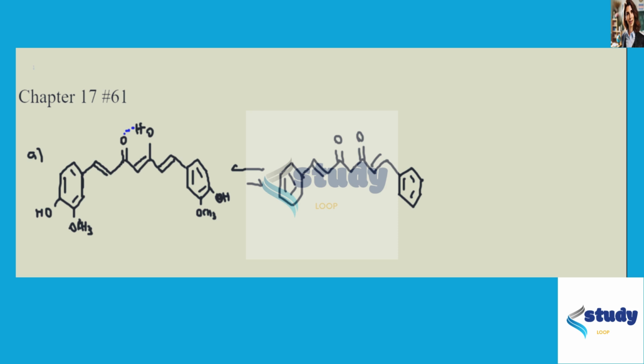The other thing is, in the enol form, we have a high degree of conjugation, really all through the entire molecule. But when we draw the keto form, you can see that conjugation is broken right here. Since that's the case, it's going to be less stable.